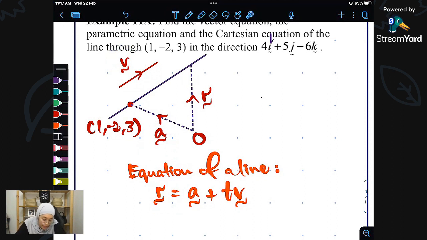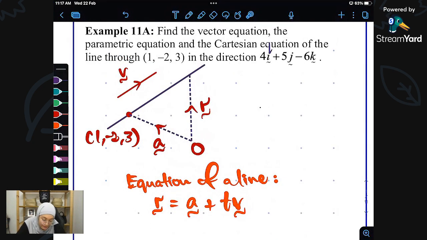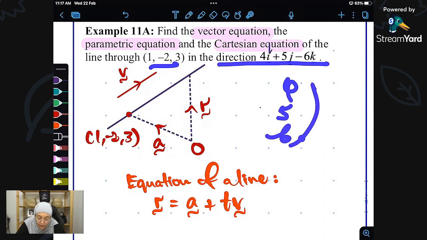So now, let's read the question first. First of all, read the question. We need to find the VE, we need to find the PE, and then the CE. Dia minta semua. Of what? Of the line, where the line is passing through 1, -2, and 3, and then in the direction of 4, 5, and -6.